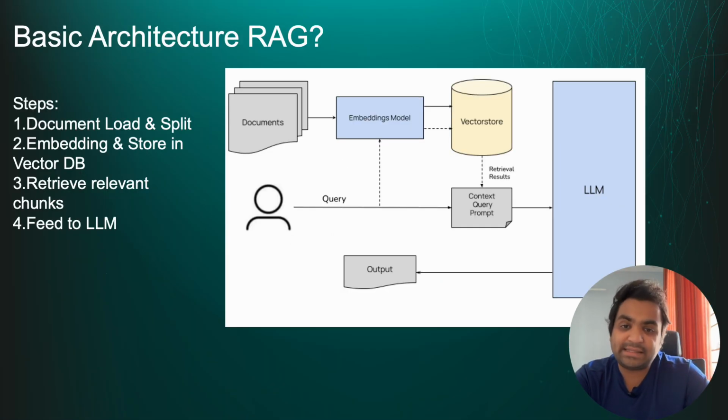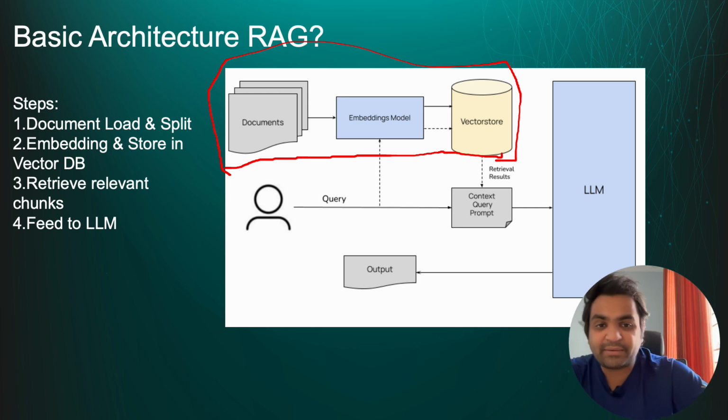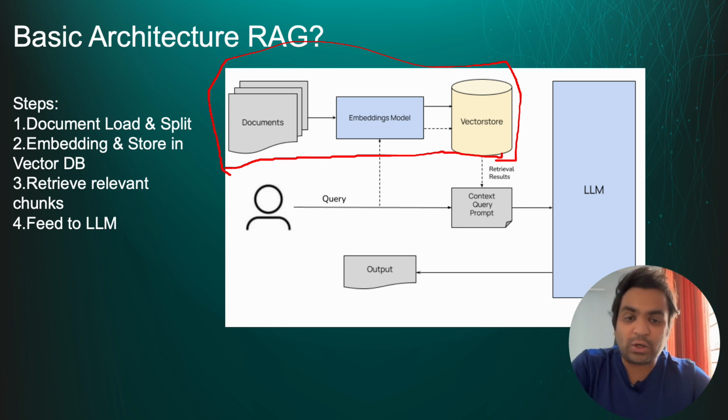Let's understand the basic architecture. As I said, first the user queries, the retriever kicks in and retrieves the relevant chunks. From there it works with the LLM, and finally you get an answer, as shown here. Documents come first. This is the pre-work, which you already do in the background, where you load all your documents, split them, and prepare a vector DB where you store all your vector embeddings.